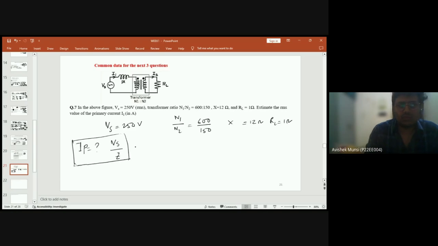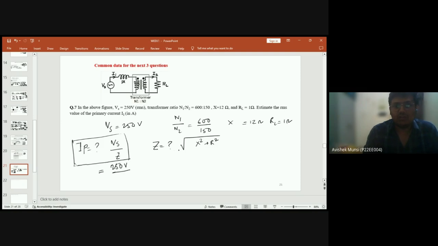Based on Ohm's law, it is V equal to IR. So here it is Z. So Vs by Z. So we have to calculate the Z. We know the value of Vs as 250 volt, we have to calculate the Z only. So Z is equal to root of x square plus r square. So x is given, r is given, so we can solve it.